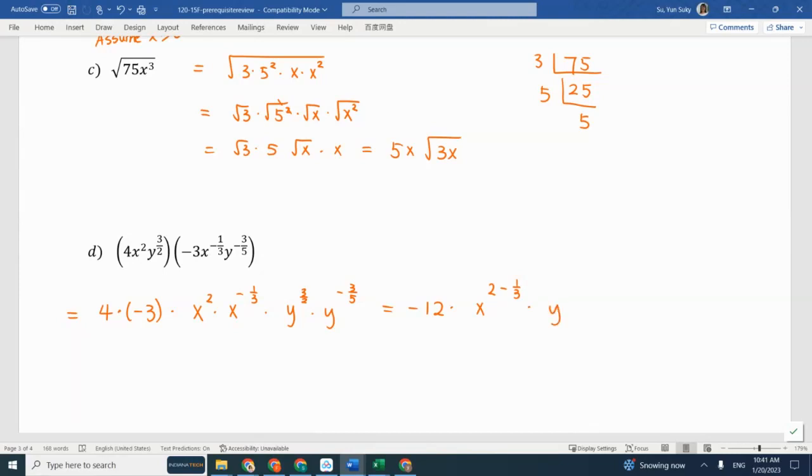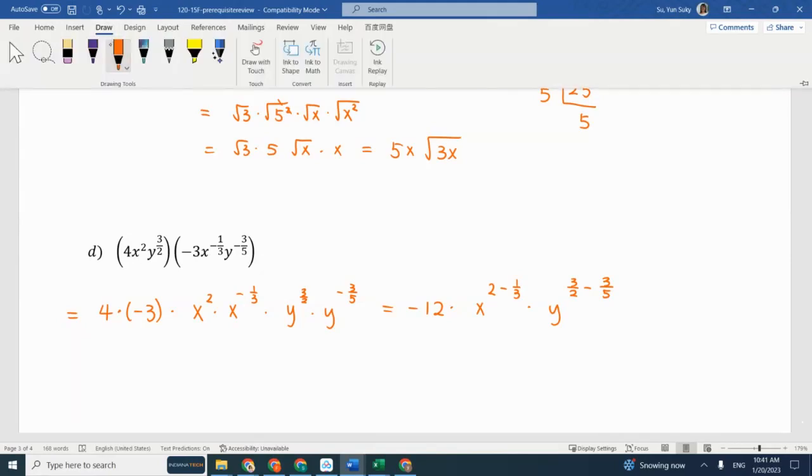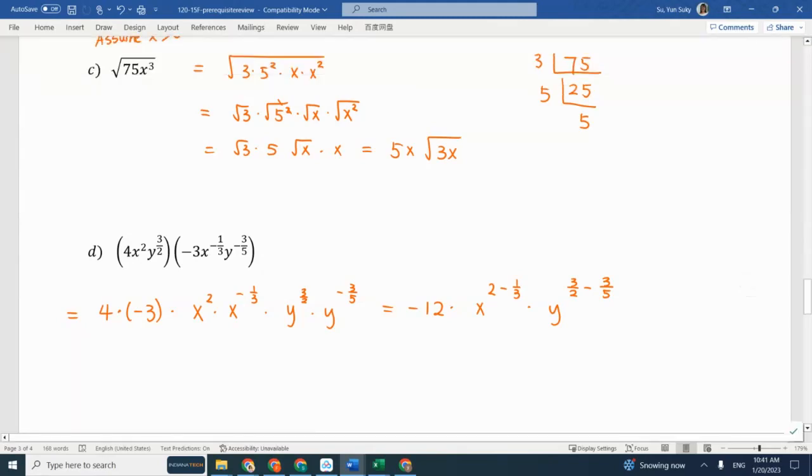And then y to the 3/2 minus 3/5. We need a common denominator, right? Look at this one, 2 minus 1/3.